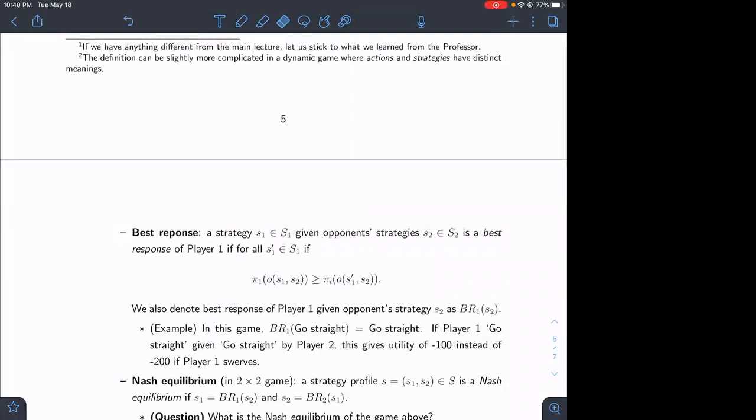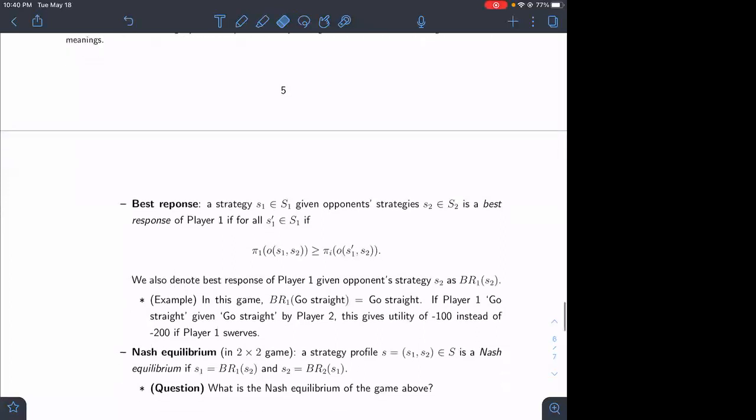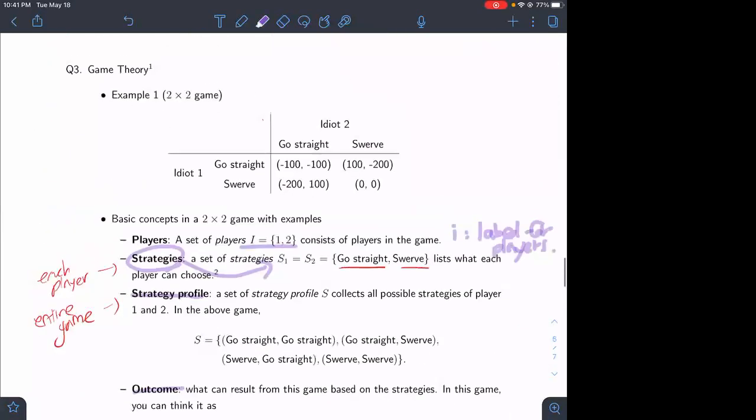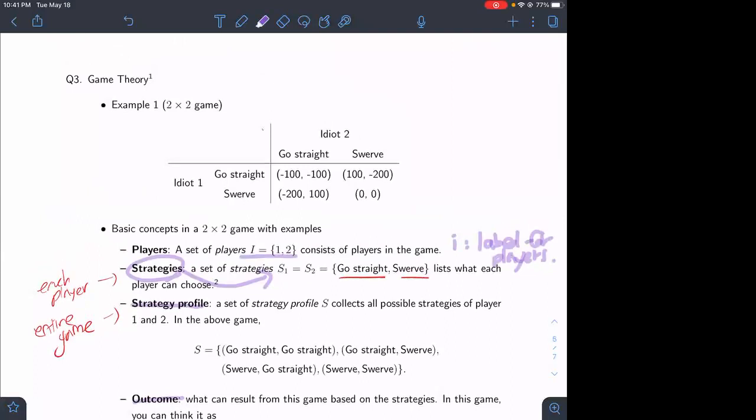Now we are ready to state what the best response is. In plain English, best response is saying what my best strategy is based on my opponent's strategy. I wrote it in this dirty math here, but it is best understood by using the example. So let me go back to this table and see what the best response is for all the possible cases.